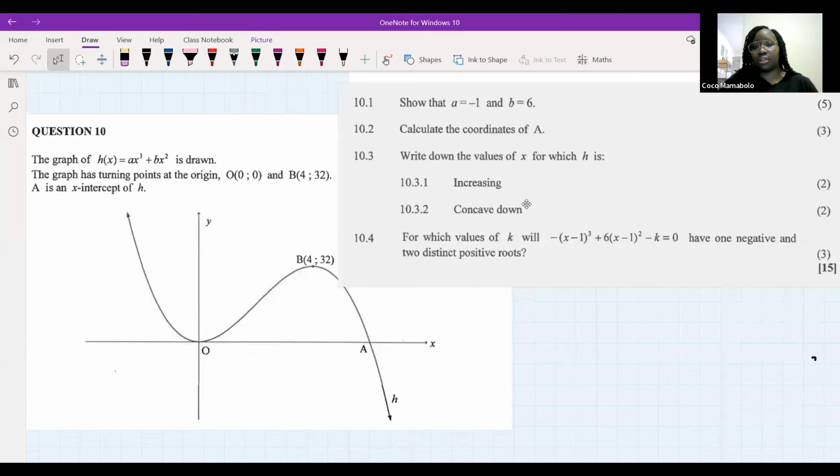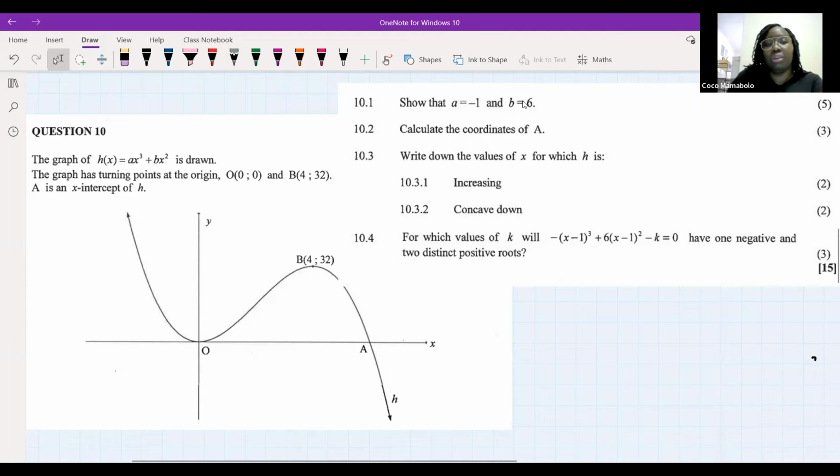Because the section is worth 15 marks, we're going to try our best to spend just around 10 minutes on it. I don't really recommend us taking too long on these types of questions, but about 10 minutes should be okay.